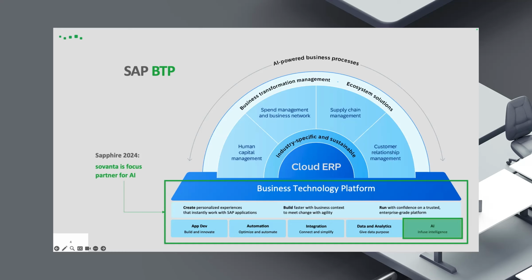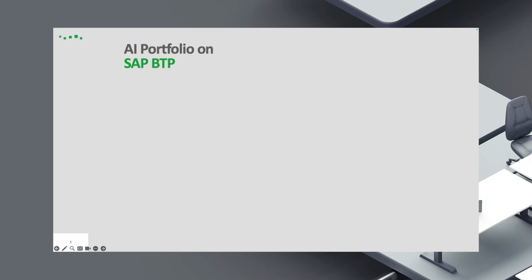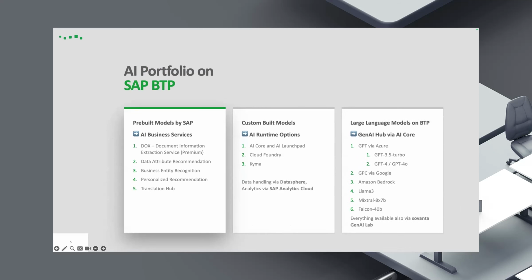Going into more detail about AI on the BTP, we separate our use cases or our projects with customers into 3 pillars. The first one is using pre-built models on the BTP.